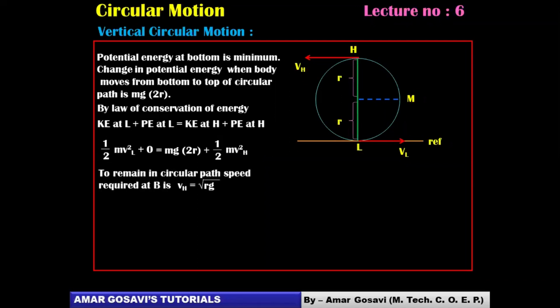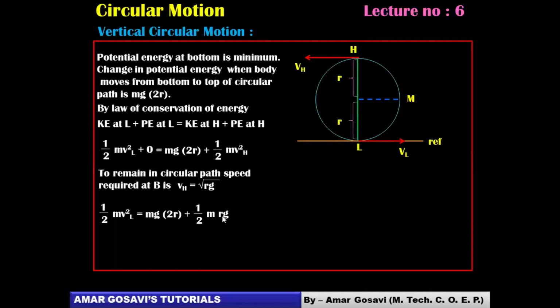So if I square the value of vH and put it over here, let's see how the equation works out after squaring and substituting. The equation then becomes half m vL square for the lowest point equal to mg2r plus half m, and instead of vH square it is rg over here.